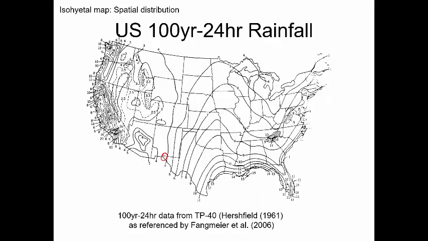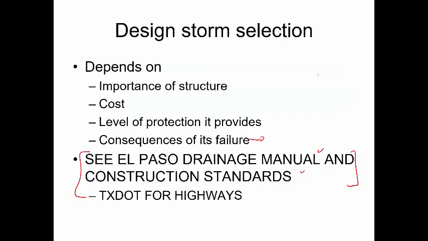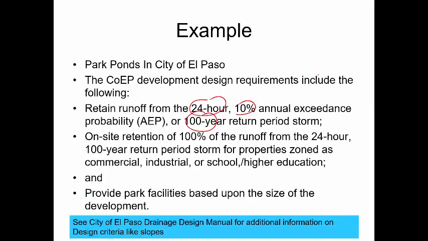So whenever we go to the manual, you then have the annual exceedance probability, which is the probability of occurrence in a specific year. Okay.